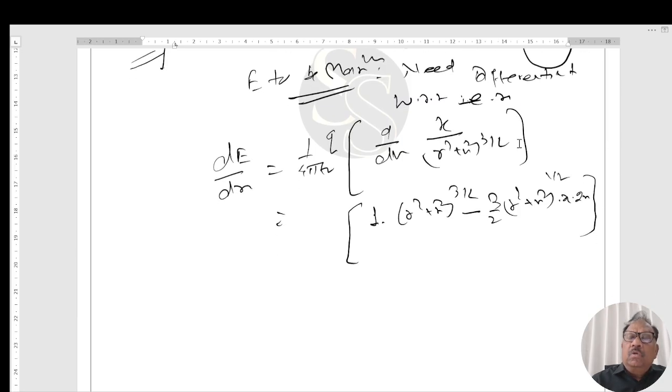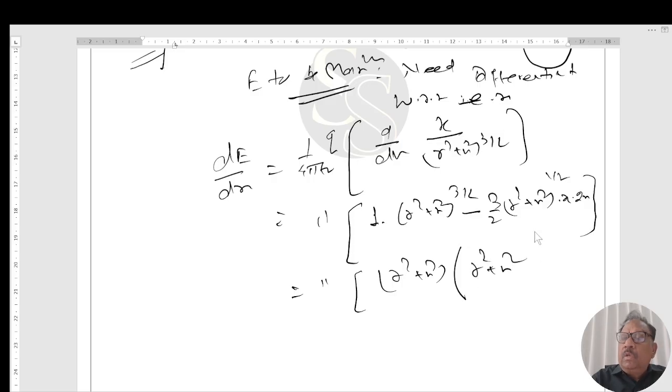Right? On simplification we get r square plus x square taken common. Here remains r square plus x square. This 2 and this 2 cancel. What remains here is minus 3x square.